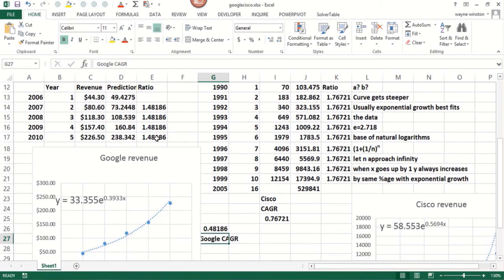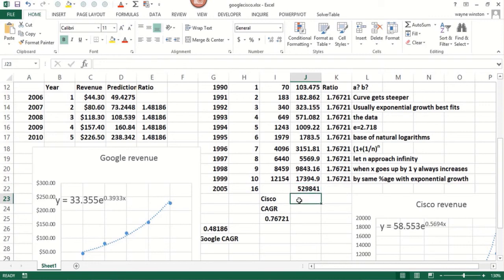The people who valued Cisco in 1999 as the most valuable company in the world did not understand that the 76% compound annual growth rate wasn't going to continue forever. Because where does the growth come from? Once you're a huge company, where are you going to grow 76% a year if you're a $200, $300 billion company? It's really hard to get that kind of growth.